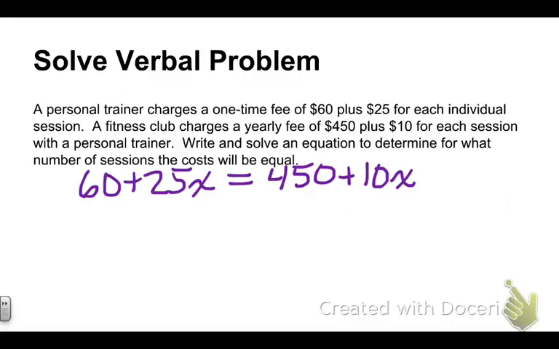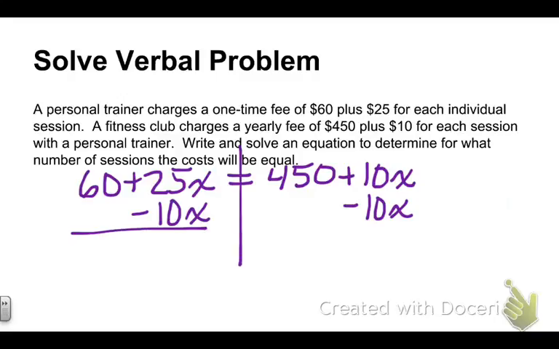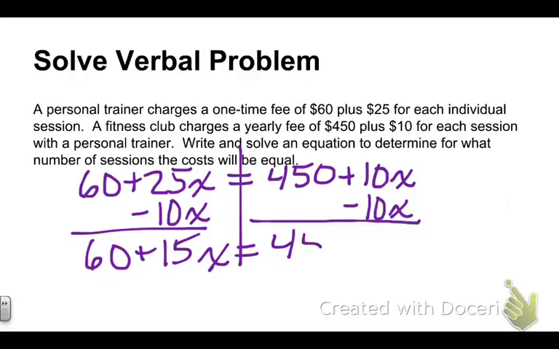So get the variables on one side. Right now I know 10x is smaller, so I'm going to get rid of 10x on both sides. If you need that divider there, that barrier. 60 plus 15x is going to give you 450. Now get rid of that 60, it's a positive 60.